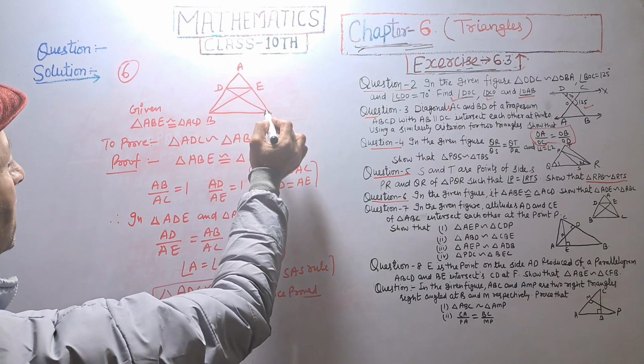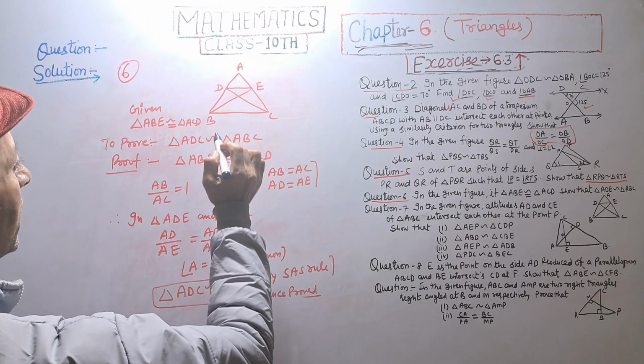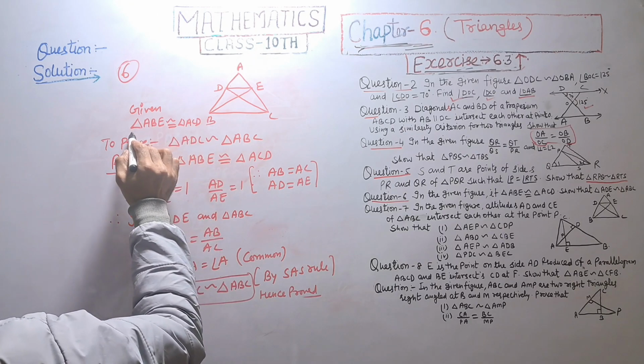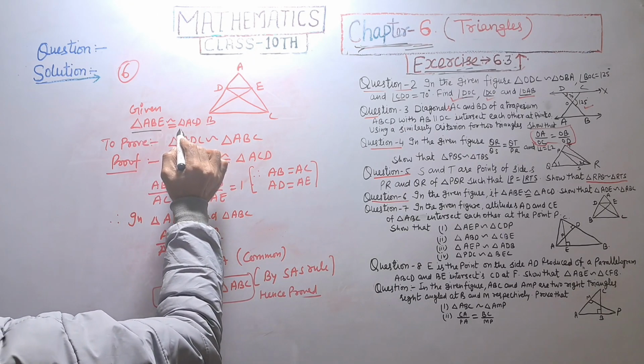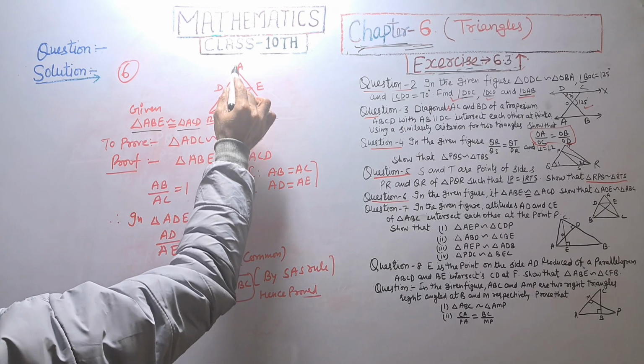In triangle ABC, DE, given triangle ABE is congruent to triangle ACD.